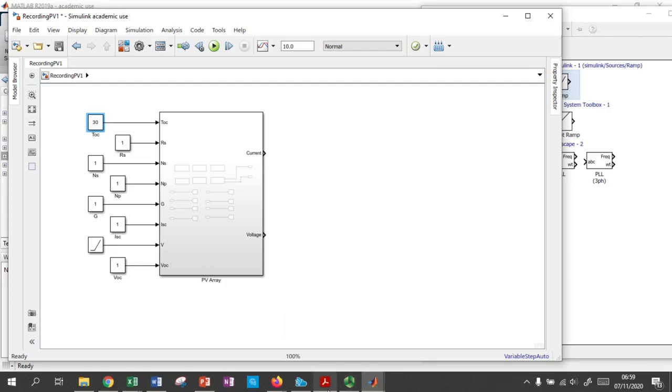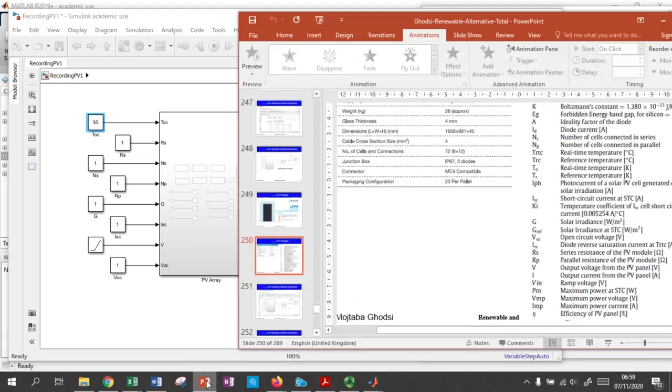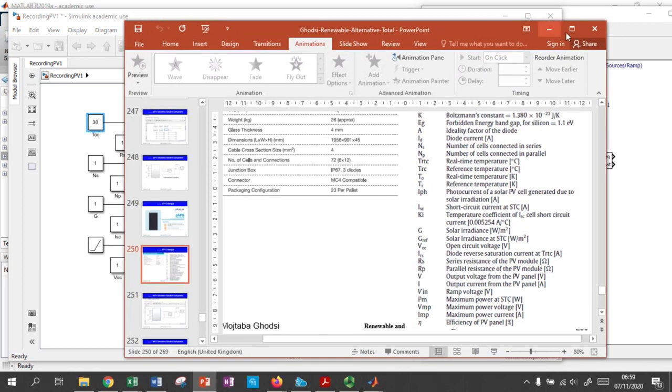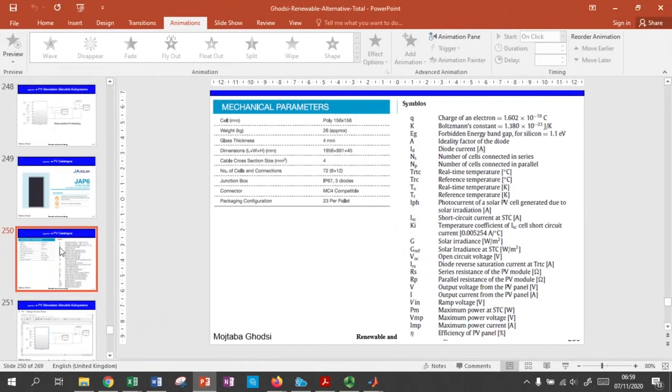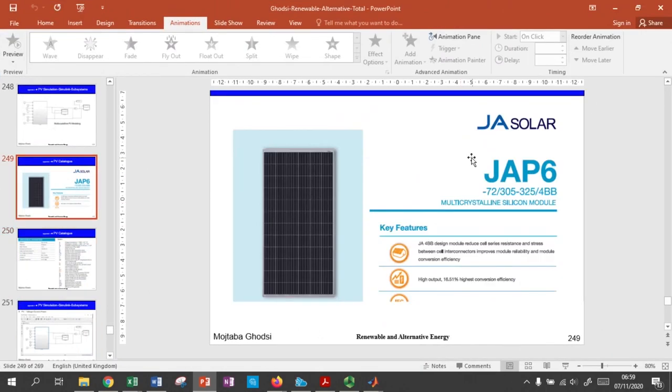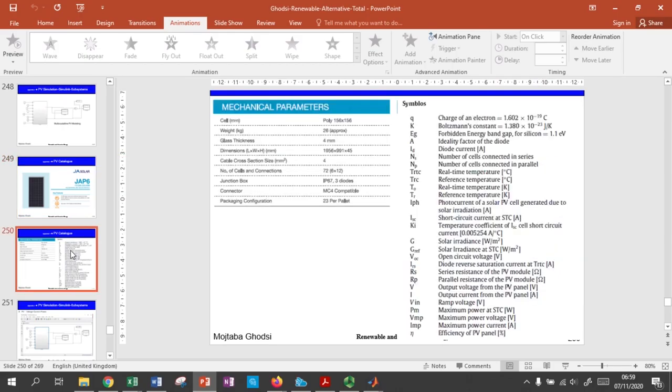RS is something that we should find in the datasheet of this company. Let me find it. This is, for example, a JAP6-72, a multicrystalline silicon module from JA Solar. The specifications of this PV solar panel, JAP6, can be found here.